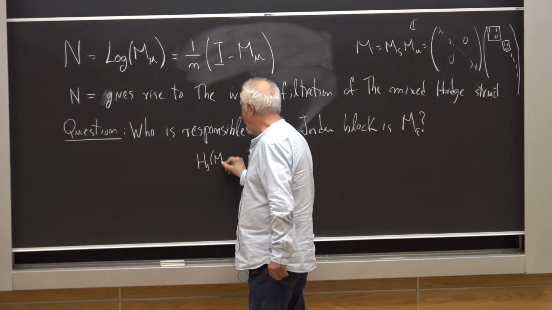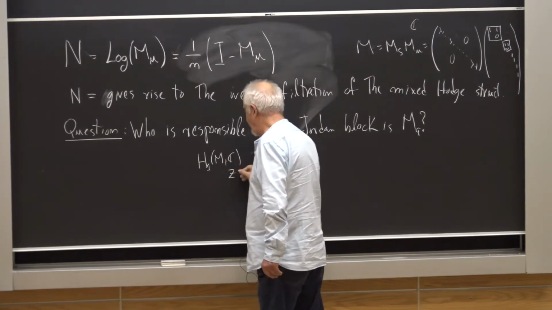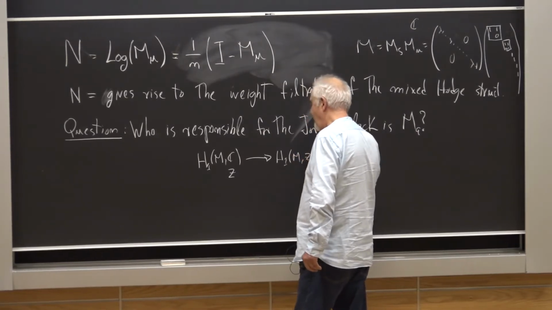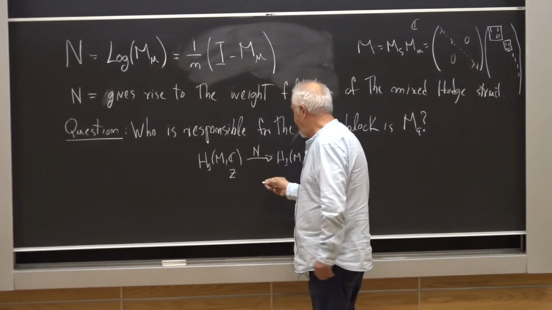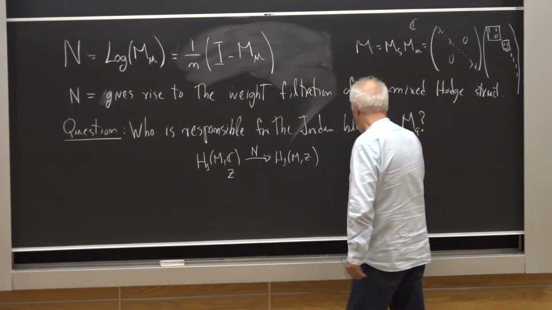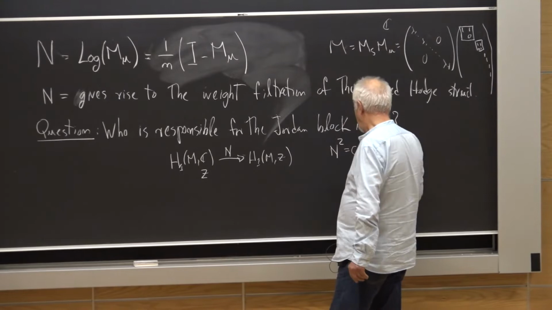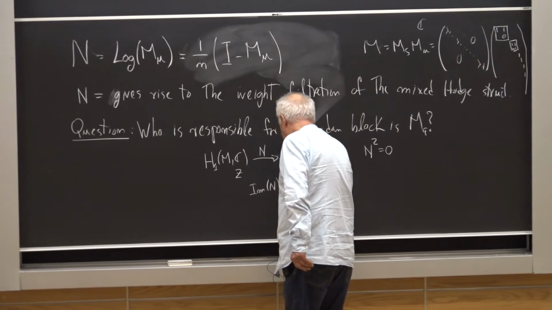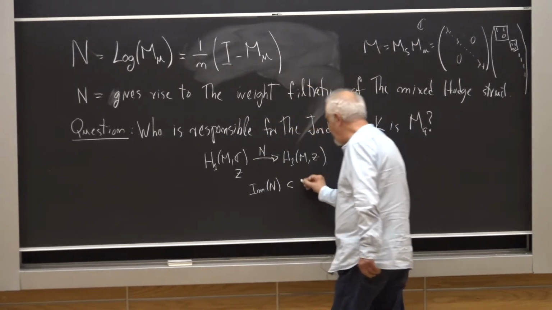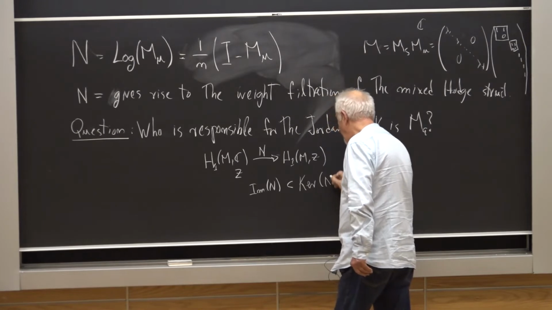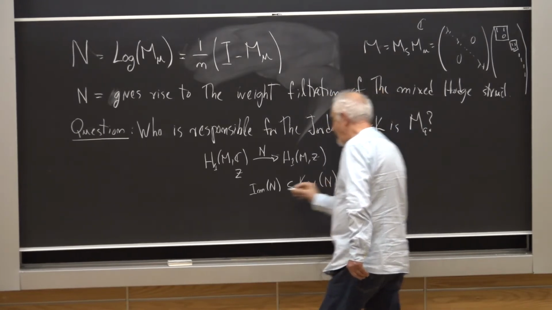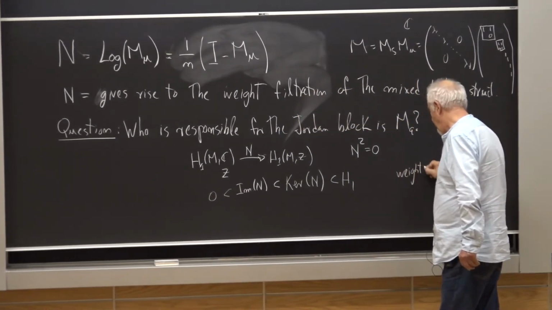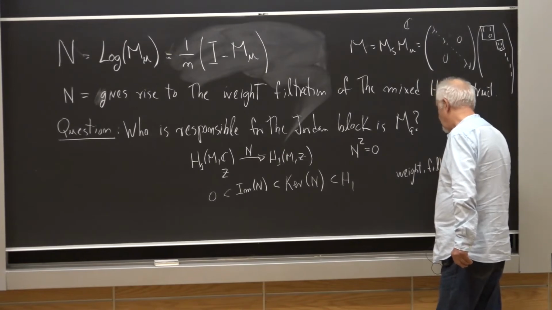So I have H1 of M with complex coefficients, or I can put integer coefficients here too. I have this N, and N squared is equal to 0, and so the image of N is contained in the kernel of N, and this is contained in H1, and this is contained in 0. So this is the weight filtration for this case.